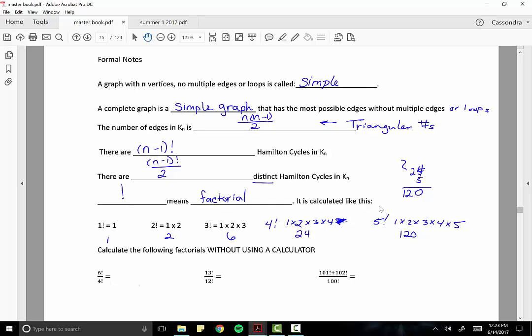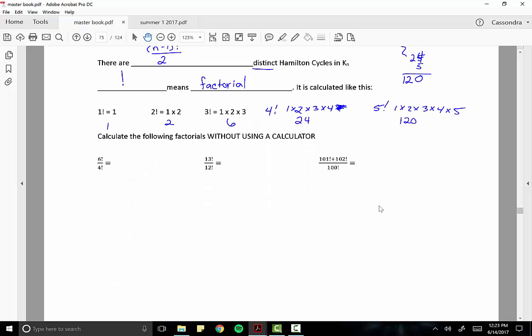All right, so now let's work on doing some fractions with this. So 6 factorial divided by 4 factorial. Now, we don't want to use a calculator because on the quiz that I'm going to give you, you're not going to be able to use a calculator at all.